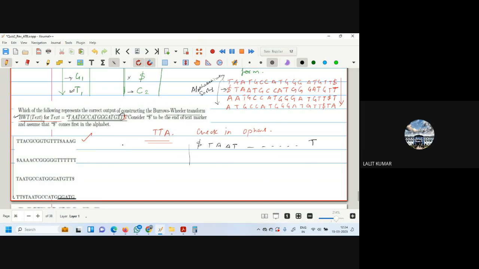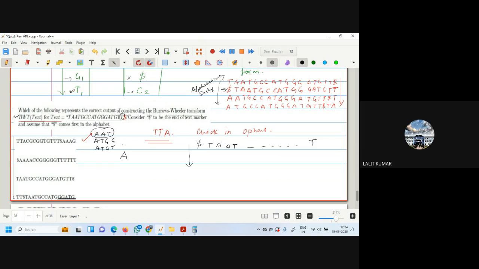Now the second in alphabetical order will start with A. So I try to find all the A's. Here it is AAT. Here it is ATG, ATGG, and here it is ATGT. So I know that this one will be the first one.